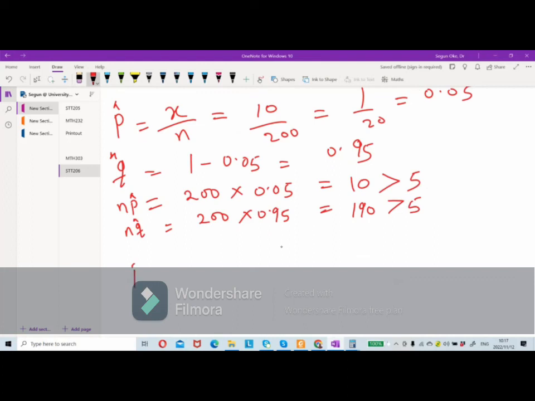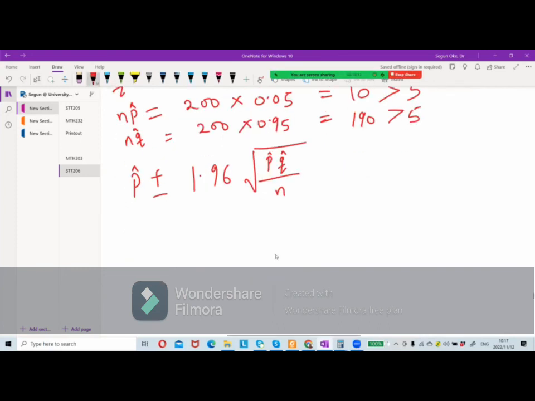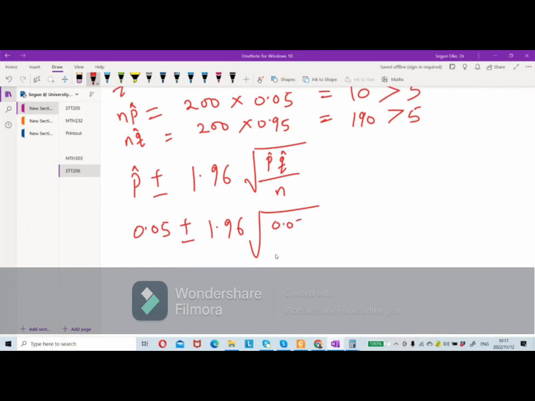Therefore, we can go ahead and use this formula, plus or minus 1.96 square root of P cap, Q cap over N. So what is our P cap? We know it. 0.05 plus or minus 1.96 square root of what? 0.05 times 0.95 divided by 200. So let's do it together.